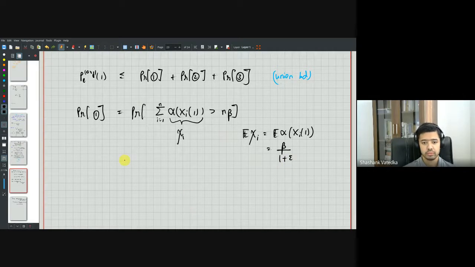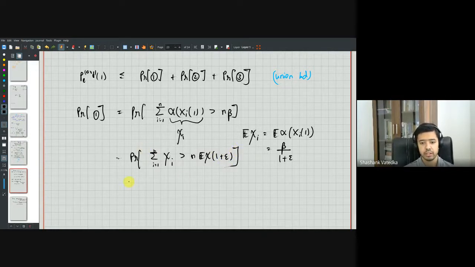What we want is the probability that the summation of chi i, i going from 1 through n, is greater than n times beta, or n times the expectation of chi times 1 plus epsilon.